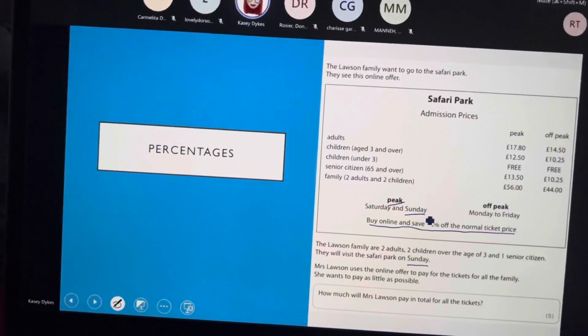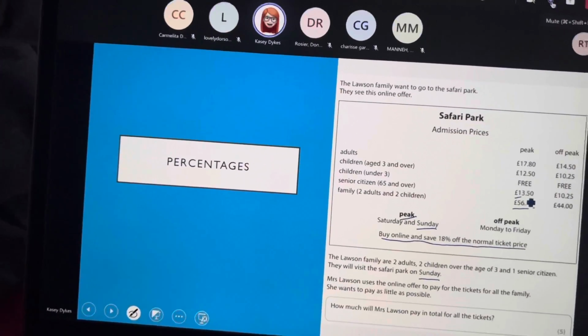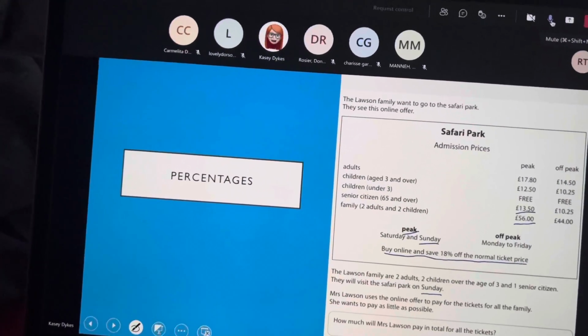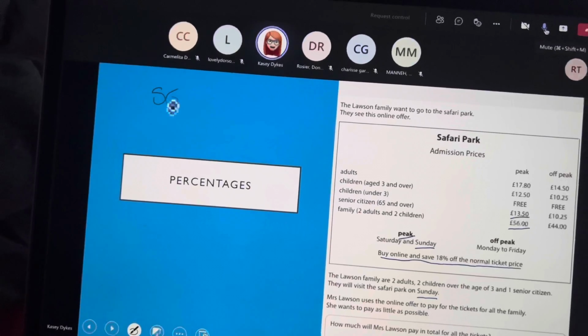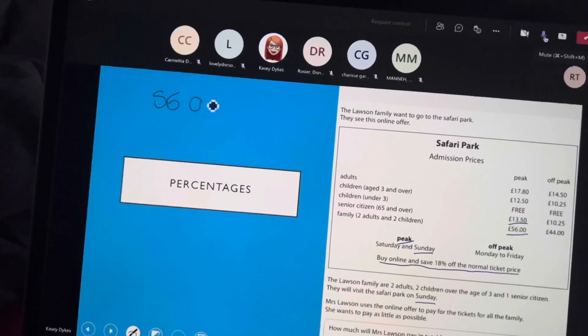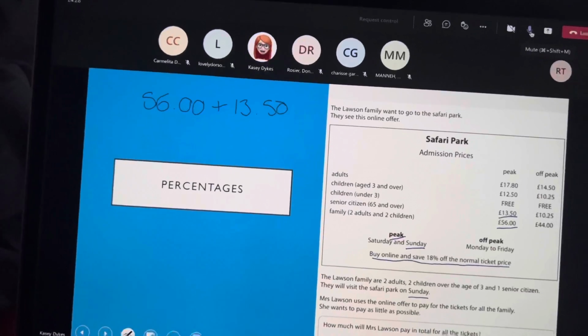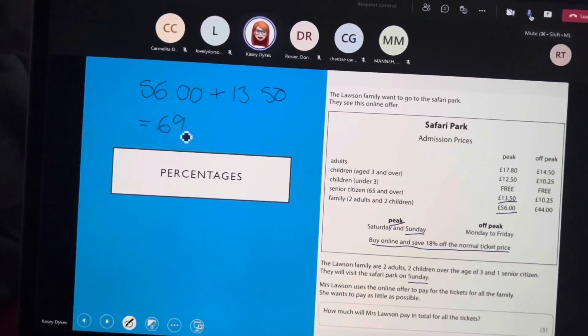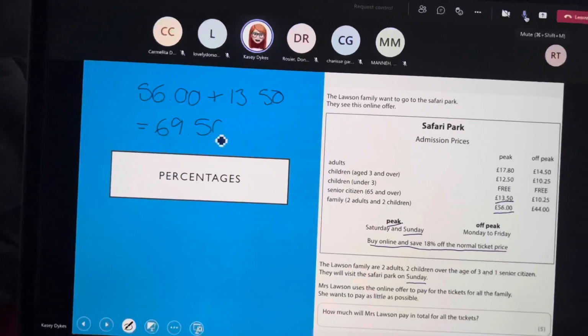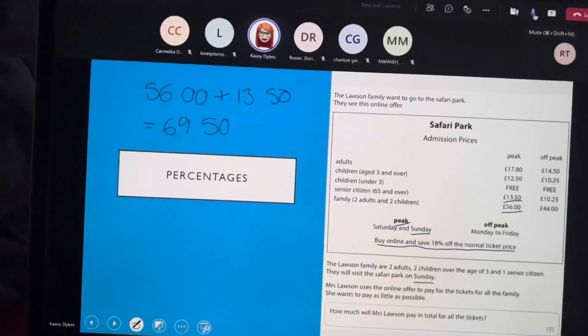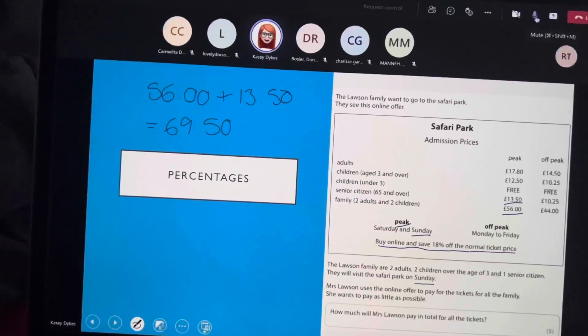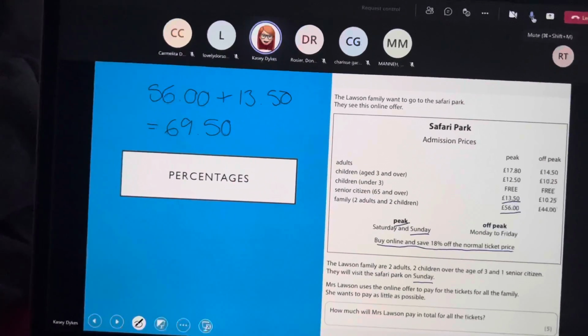We're going to take the family ticket and the senior citizen ticket. Add those 2 together. £69.50. So that's how much the tickets are without the offer. And then we're going to find 18% of that value.